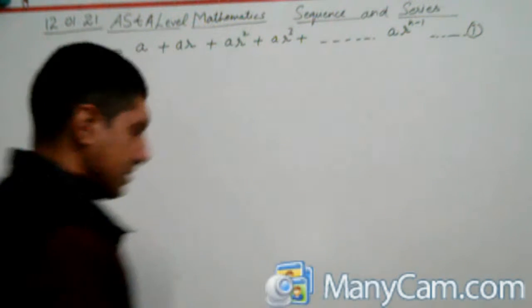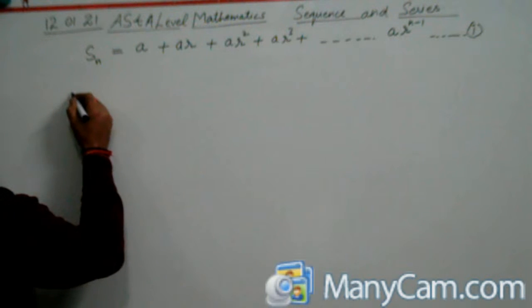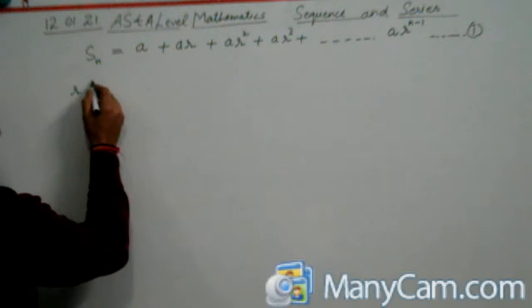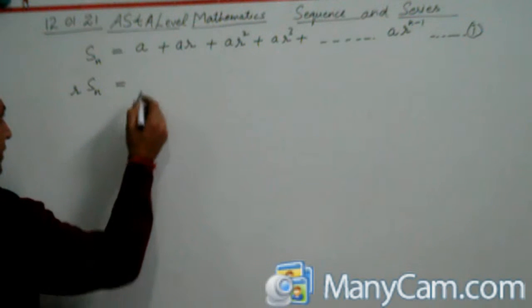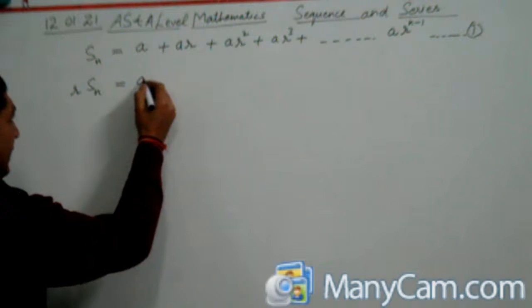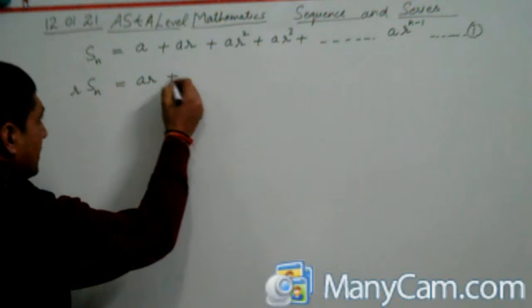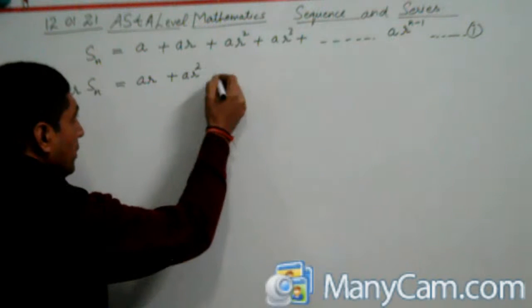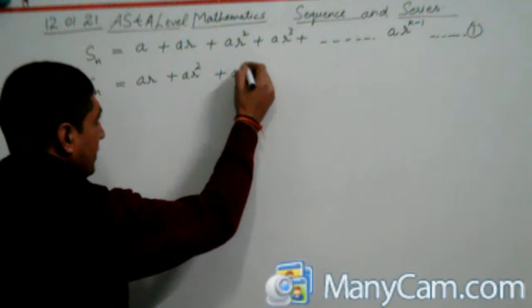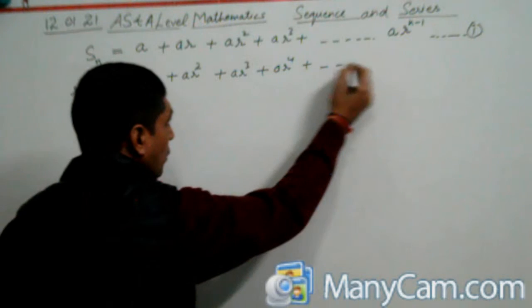Now here r is the common ratio, so multiplying r with Sn, what will we get? We will get ar plus ar raised to power 2 plus ar raised to power 3 plus ar raised to power 4 plus so on.